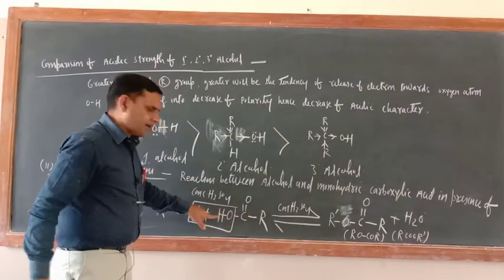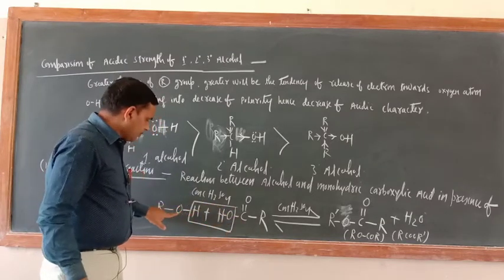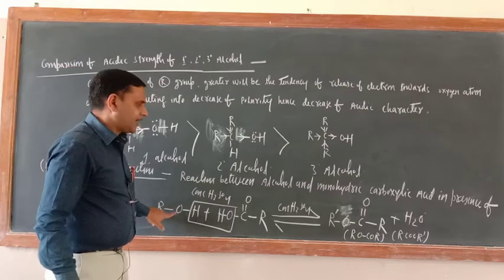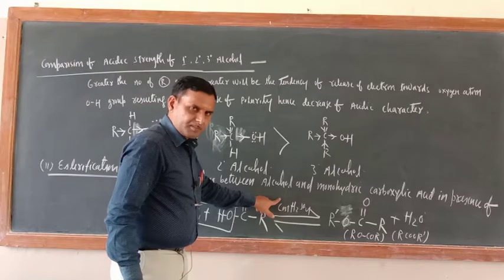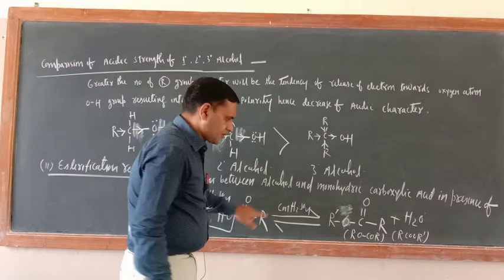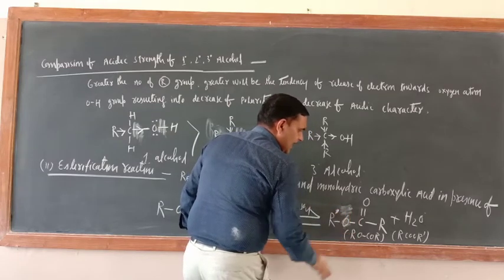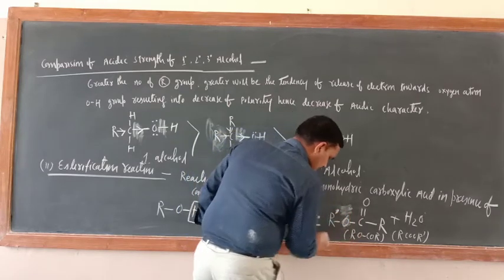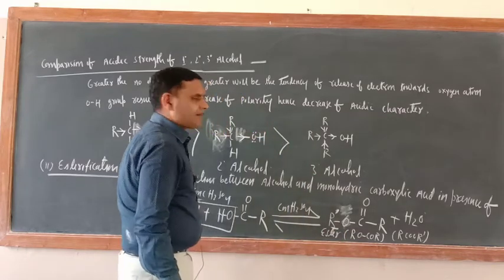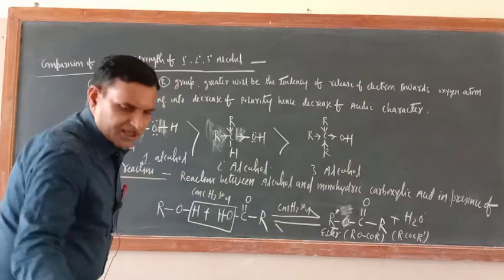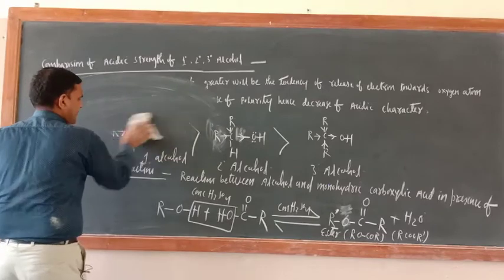Remember, while esterification reaction, OH from carboxylic acid and H from alcohol should be removed, and this reaction is reversible in nature and takes place in presence of concentrated H2SO4. R dash is the alkyl group of the alcohol, and this is only ester. So since during the course of this reaction ester is formed, that is why this reaction is known as esterification reaction.